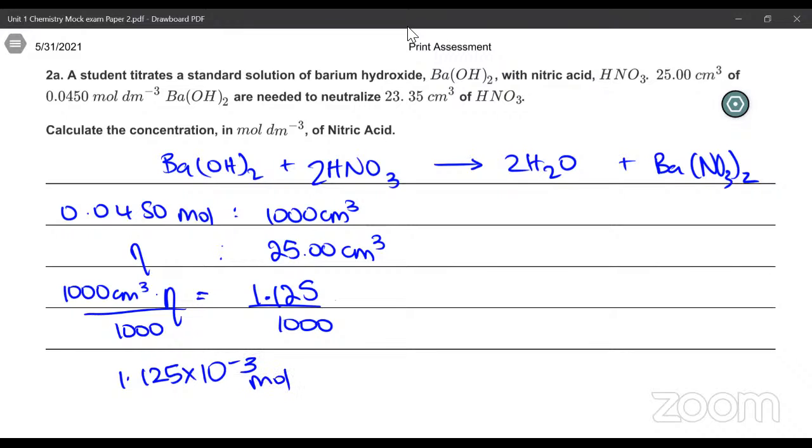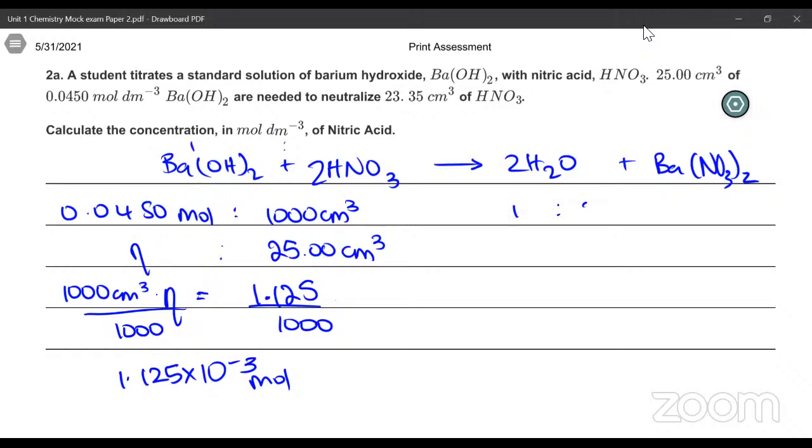All right. Now, based on the equation that we wrote, it reacts in a 1 to 2 mole ratio. That is 1 mole of barium hydroxide reacts with 2 moles of nitric acid. So then we can find out how many moles of nitric acid was used in the experiment. So 1 to 2, we can just write it like that.